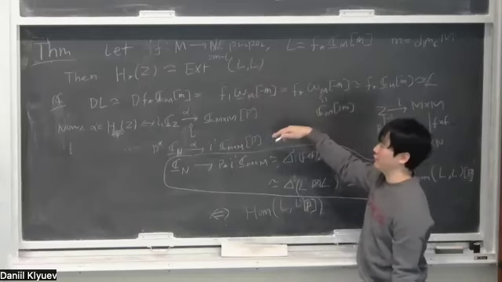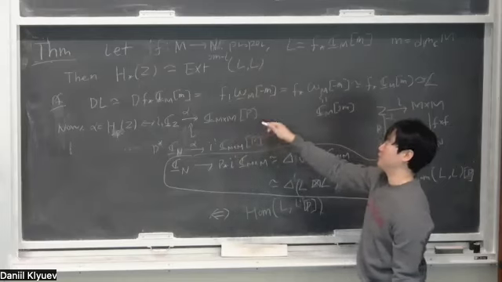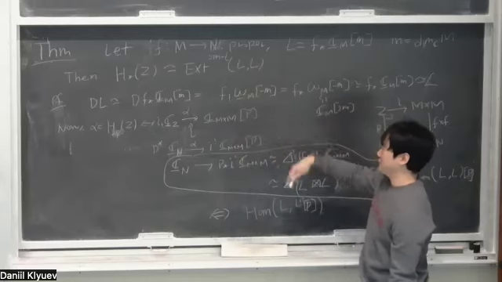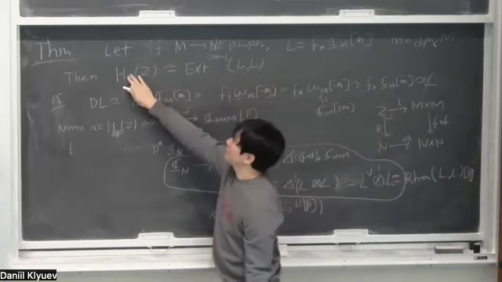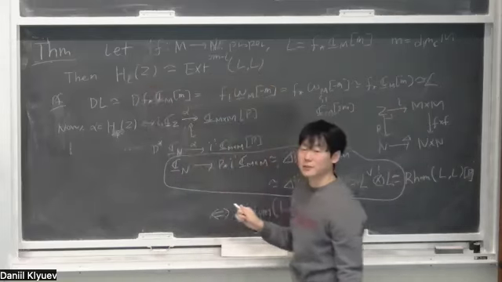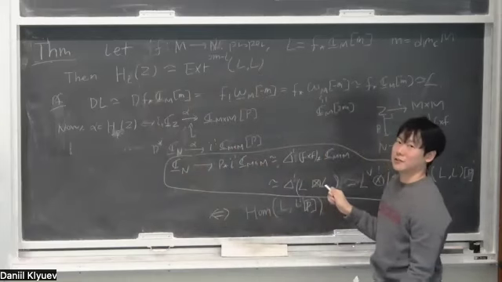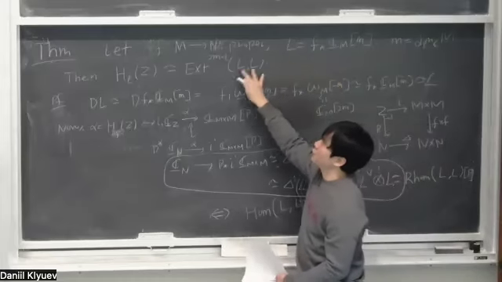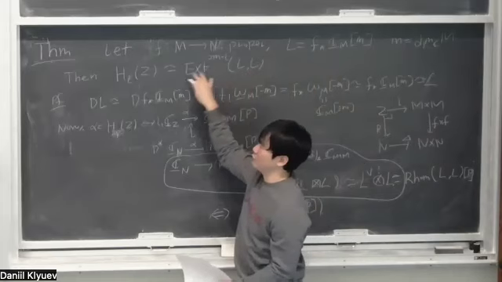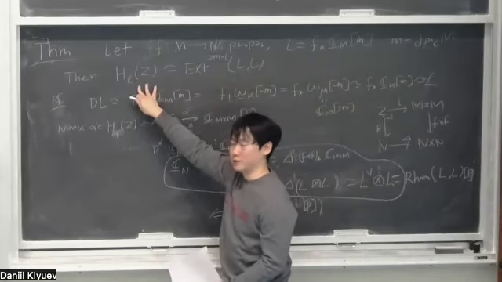And if you track the grades, then you get this 2n minus something. And it's a separate theorem that the algebra structure here corresponds to the algebra structure of the convolution algebra.